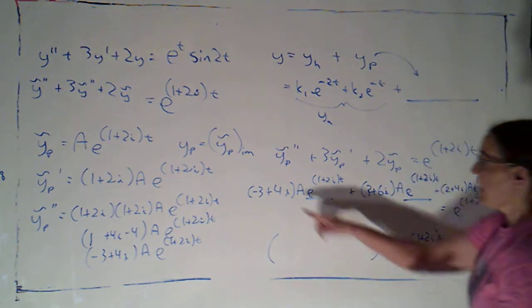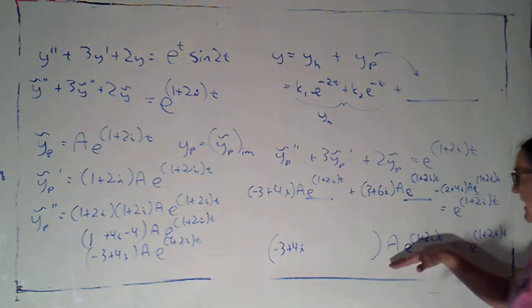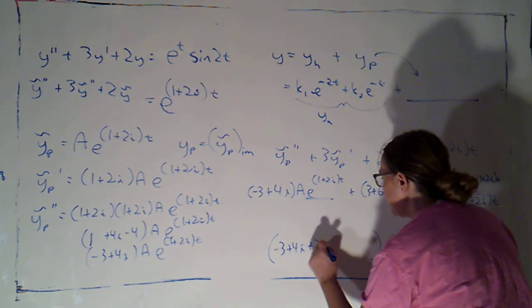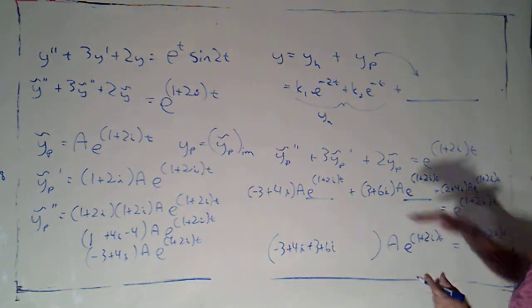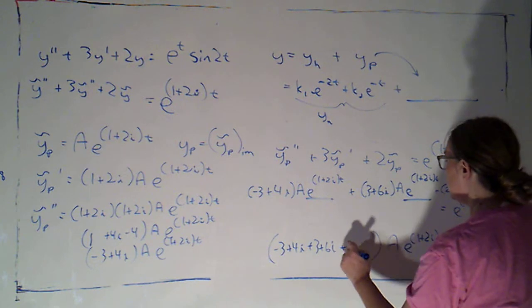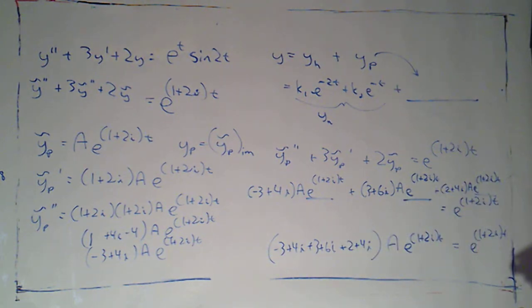Okay. And then I can see I've got negative 3 plus 4i times a e to the (1 plus 2i)t, plus 3 plus 6i a e to the (1 plus 2i)t, plus 2 plus 4i times a e to the (1 plus 2i)t.